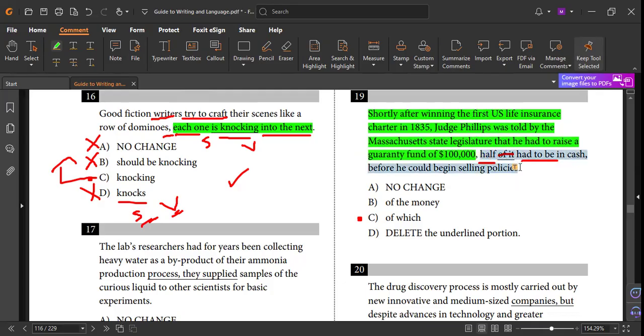So this part must not be a complete sentence. Yes, it has to be a phrase. If you said "half of it" subject, so subject verb, comma splice. If you said "half of the money," subject, and subject verb, comma splice. If you delete it, you will find the subject and verb, so comma splice. So all of them are comma splice mistakes.